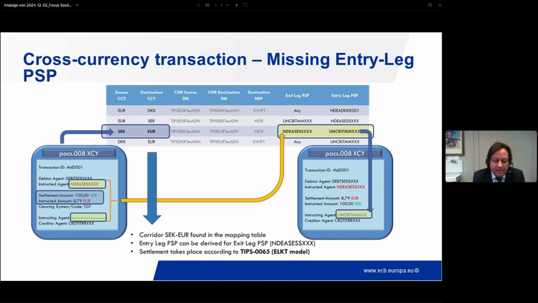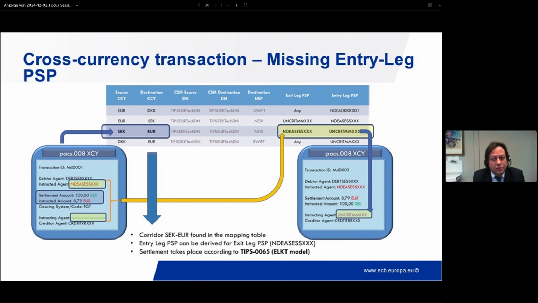So the first step will look exactly as I described before. By finding the currency pair SEK and euro in the mapping table, this will lead the system to process the instant payment cross-currency according to the enhanced link transaction model.